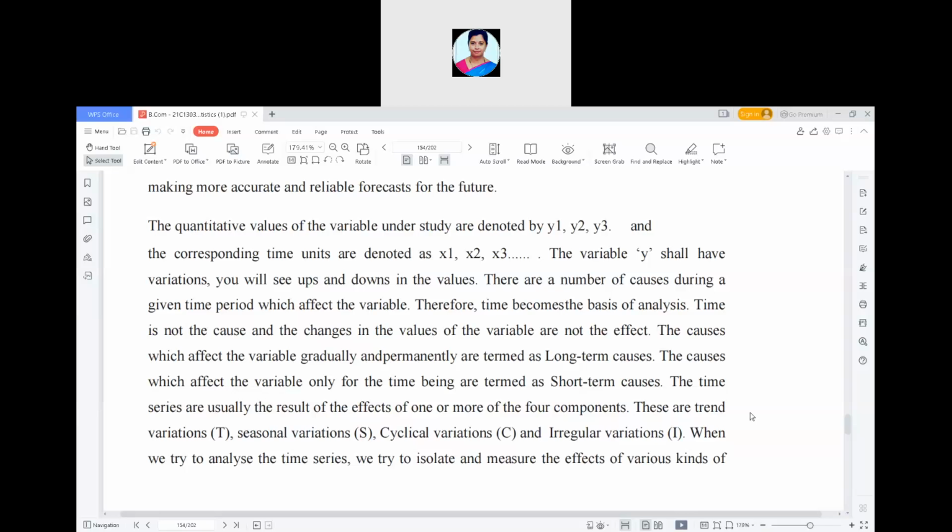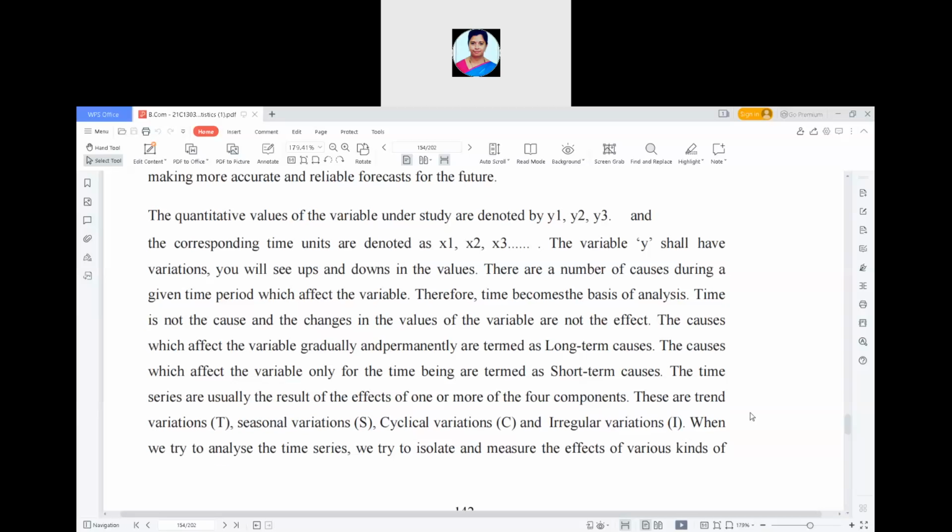The time series is usually the result of the effects of one or more of four components. These are trend variations T, seasonal variations S, cyclical variations C, and irregular variations I.